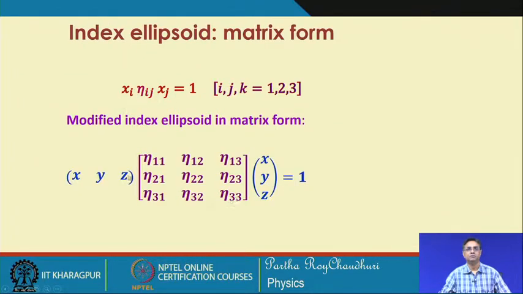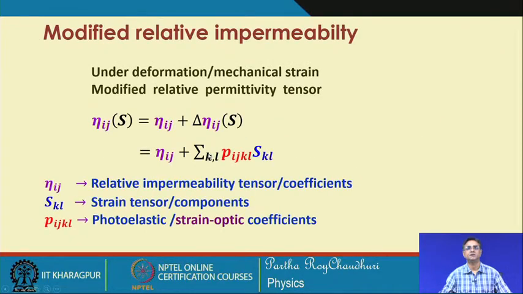So, the exact form of this is x y z. You have eta 1 1, eta 2 2, these are the diagonal elements, these are the components of the impermeability tensor. So, if it has to represent this modified index ellipsoid, then this matrix is also the modified matrix, that is, this is the sum of this matrix with no acoustic wave plus the change in this matrix in presence of the acoustic wave, which is represented by this equation.